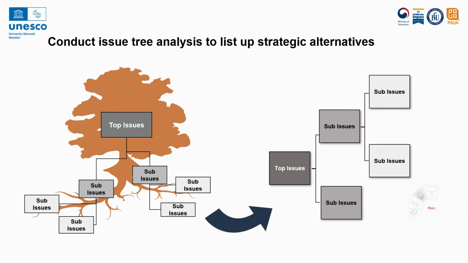Top issues are divided into sub-issues, and sub-issues are again divided into smaller sub-issues. So we call it issue tree because the shape of the chart looks like a tree shape.